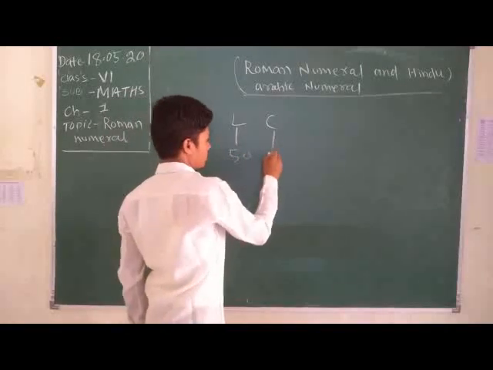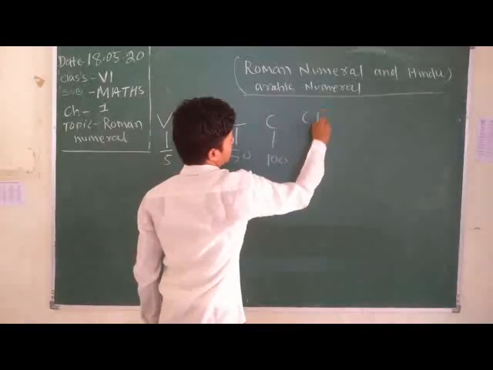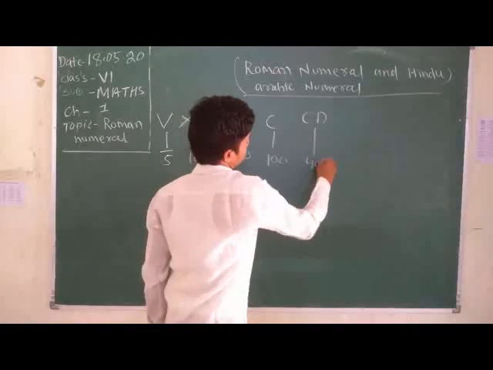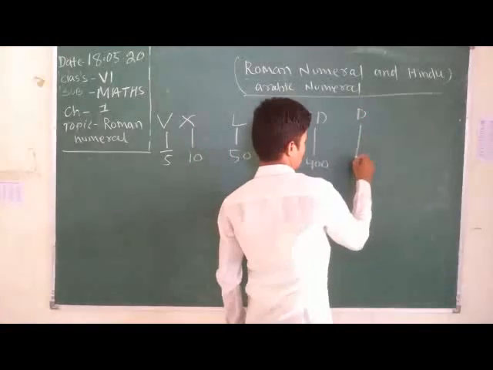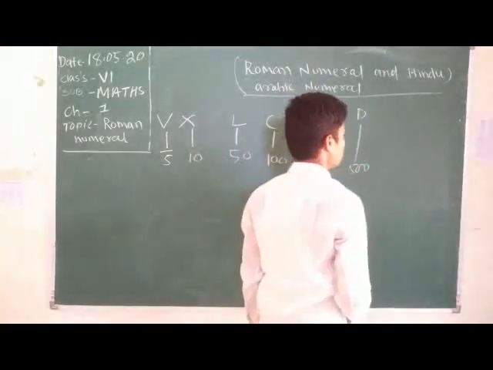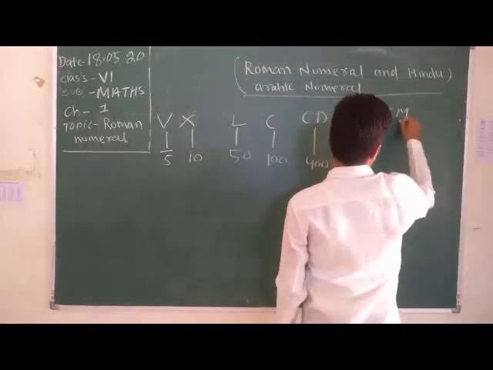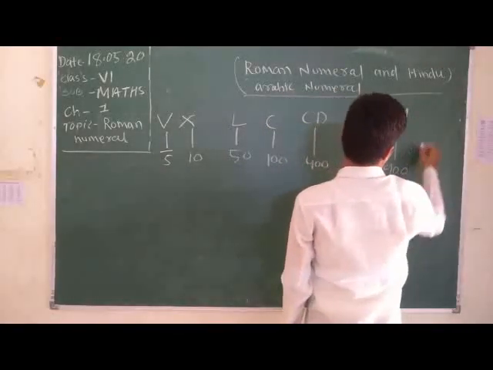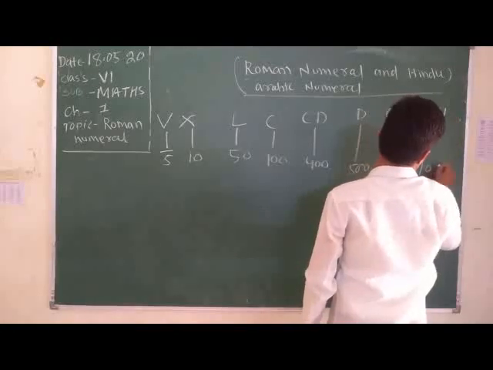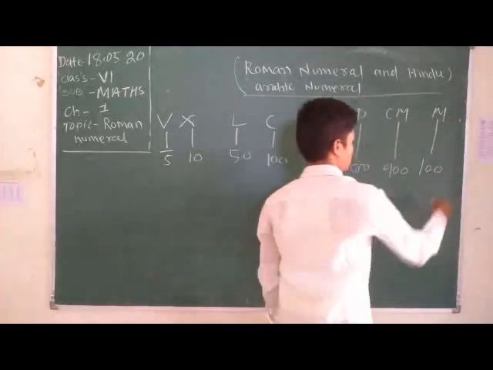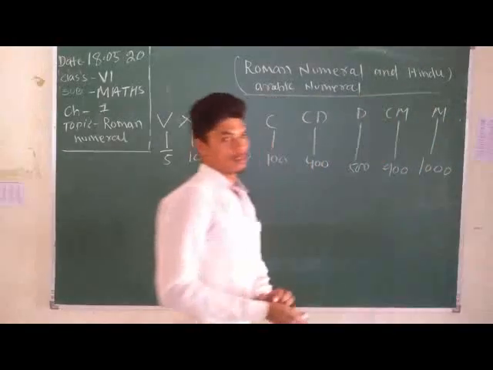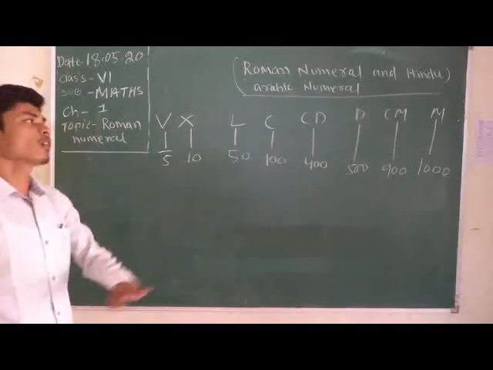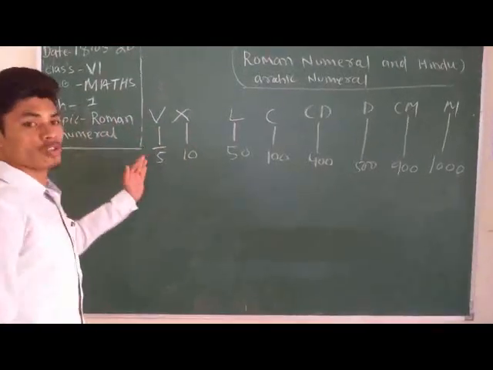Then CD is 400, D is 500, CM is 900, and M equals 1000. You can easily find Roman numerals and Hindu-Arabic numerals if you know this.